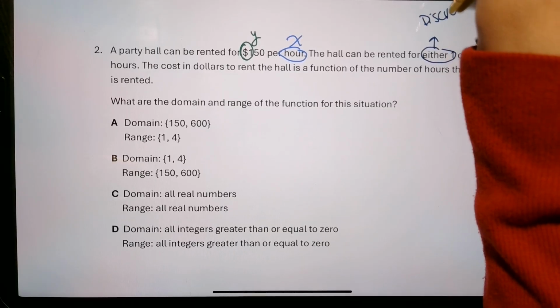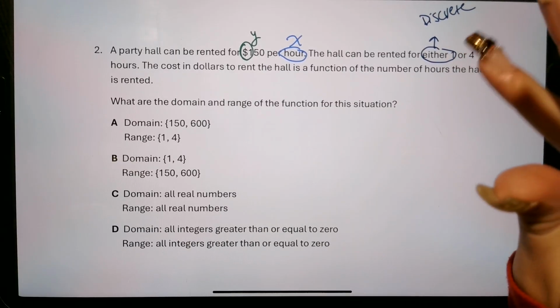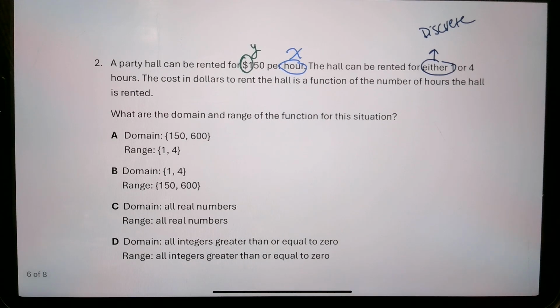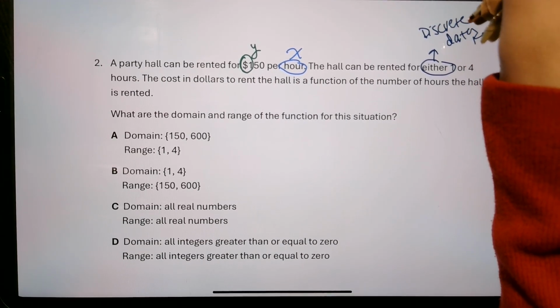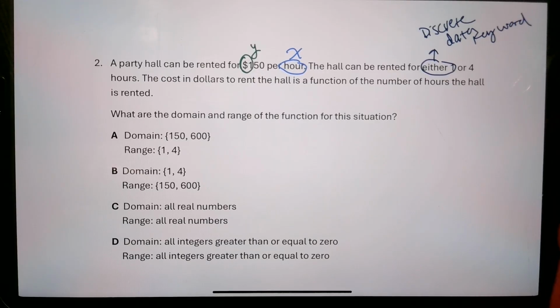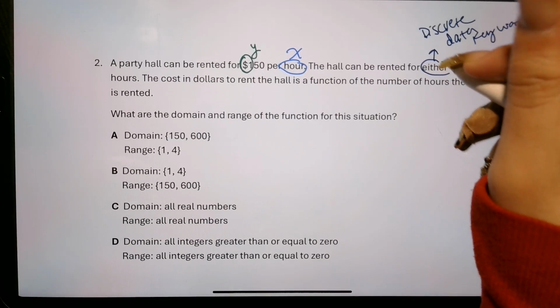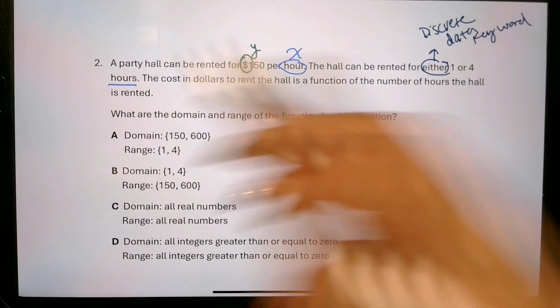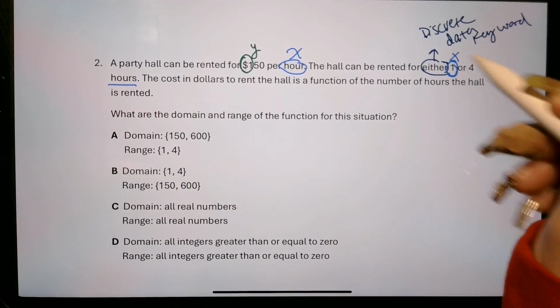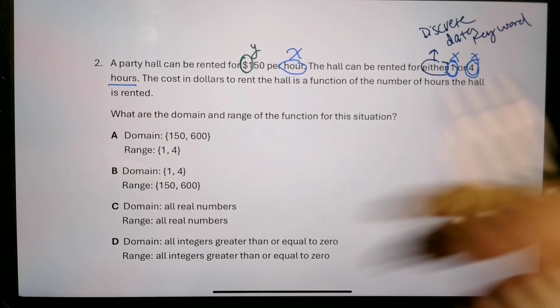If you want to pause and just answer this first, go ahead and do that. You might have already understood it from the first one, but discrete data keyword. Oops, I circled the 1 as well. For 1 or 4 hours. So we're talking about hours. So this would be an x value. This would be an x value.